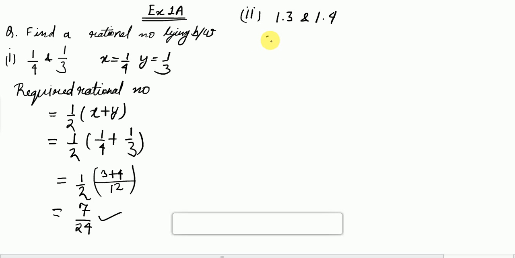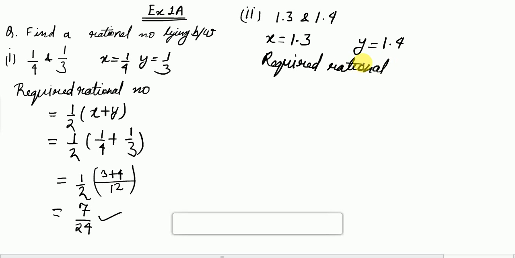So x is equal to 1.3 and y is equal to 1.4, and the required rational number is equal to 1/2 (x + y).